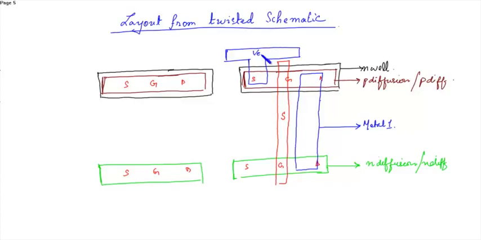The source of PMOS is connected to VDD, and the source of the NMOS is connected to ground. Now this gate is connected with the metal, this output, that is, this is the S bar output. So this gate is connected over here, this gate is connected to here.